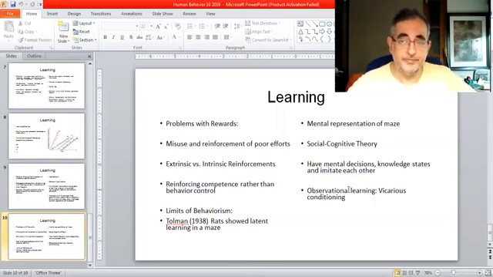Remember I talked about book reading. If you really want to encourage reading, you can start off with a little bit of extrinsic reinforcement, but we should rapidly move on to intrinsic reinforcement, to discussing and enjoying the contents of the book with children.